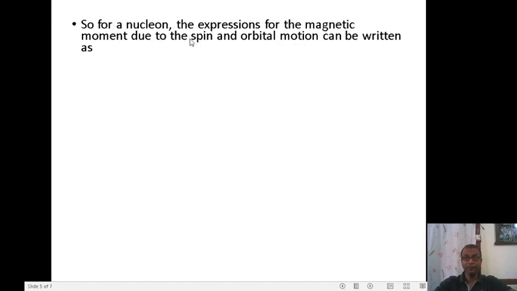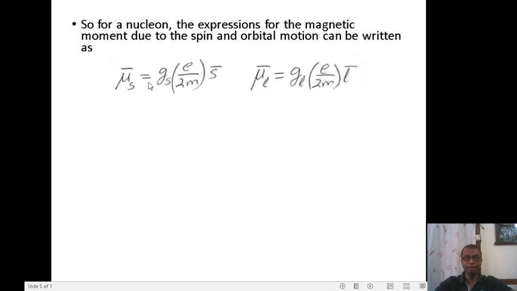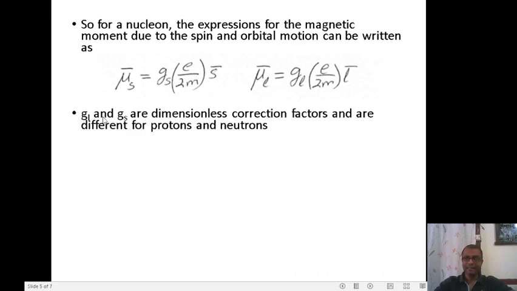So for a single nucleon, the expression for magnetic moment due to the spin and orbital motion together can be written as: μs, representing the contribution to the magnetic moment due to the spin, is gs e by 2m into the spin angular momentum. e is the charge of a nucleon, m is the mass of a nucleon. gl and gs here are dimensionless correction factors, also called the orbital g factor and the spin g factor, and are different for protons and neutrons.